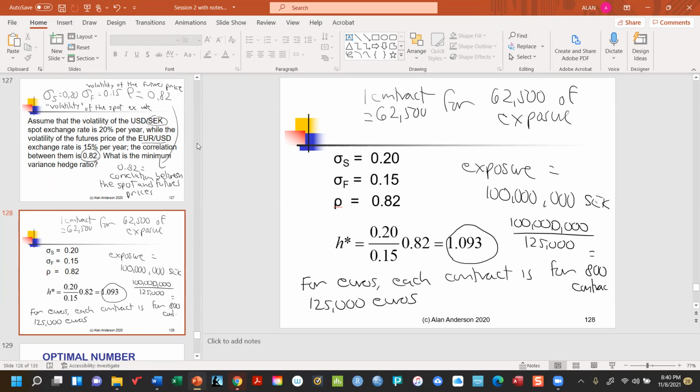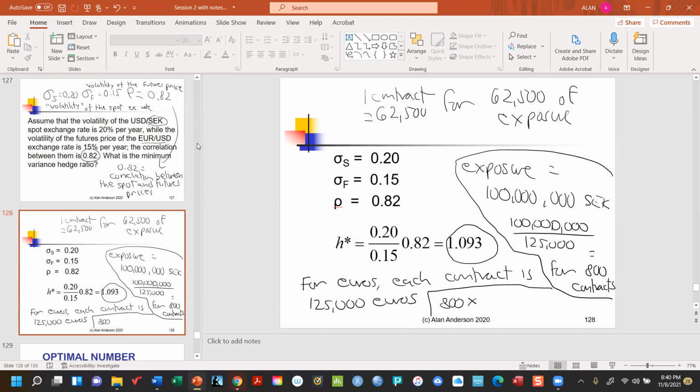And if this contract was written on the Swedish krona, that would be it. You're done. But according to this ratio, what they're recommending you do is instead buy 1.093 times 800, which is about 874 contracts.